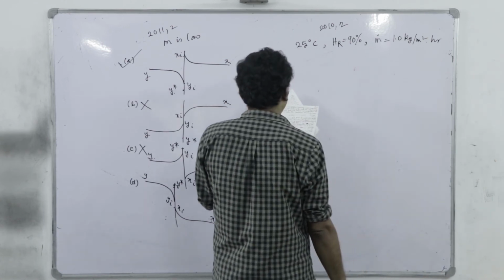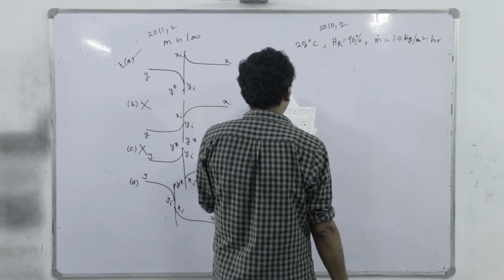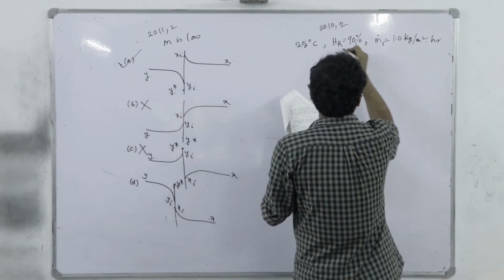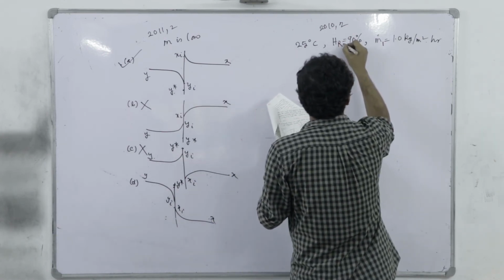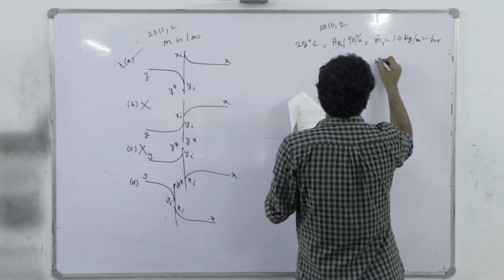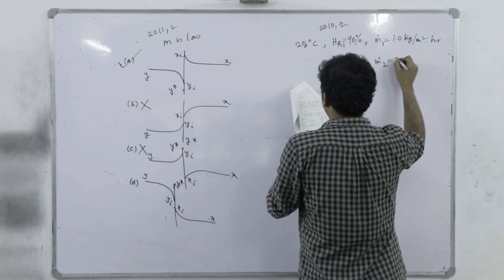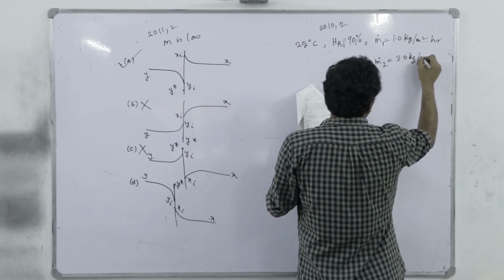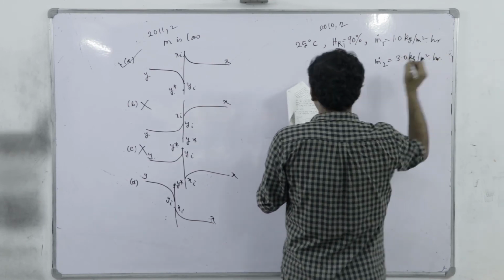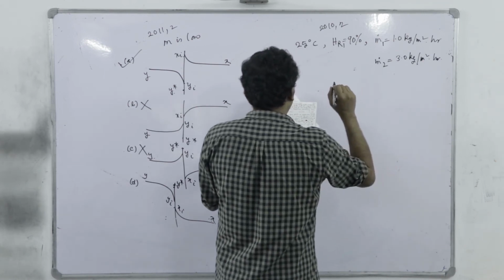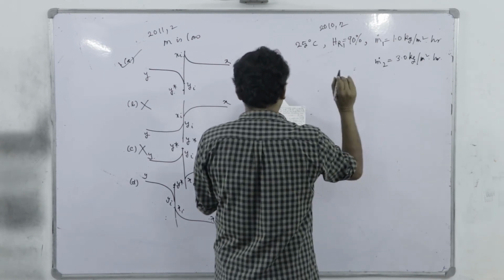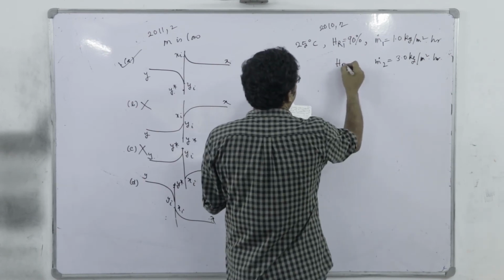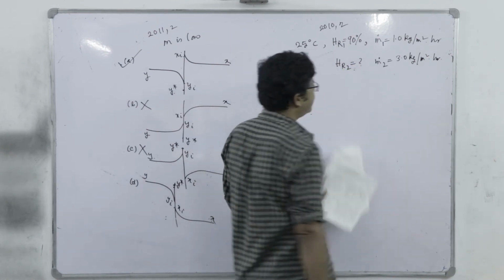So this is m1 dot, this is HR1. The relative humidity which will lead to an evaporation rate of 3 kg per meter square per hour, with other conditions remaining the same, is 30%, 50%, 60% or 70%. So you have to find out HR2.